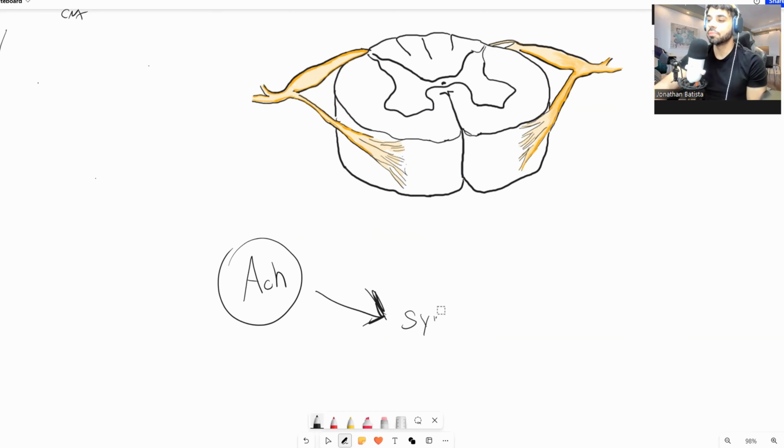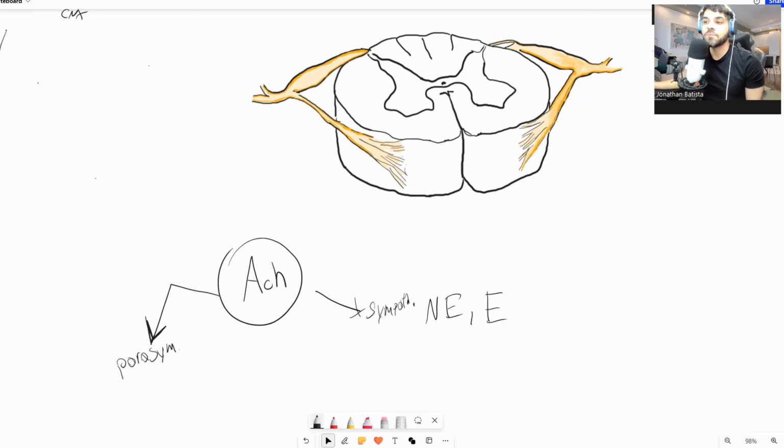The sympathetic system, let's say the activation of norepinephrine and epinephrine is via acetylcholine. But acetylcholine itself activates the parasympathetic. So let's make sense of that. Acetylcholine must activate the sympathetic, and then the sympathetic will release norepinephrine and epinephrine.